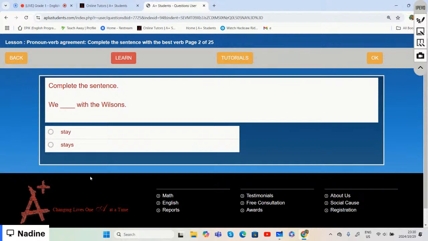So we refers to more than one person. Do we say option one, stay, or option two, stays with the Wilsons? Which one is correct?